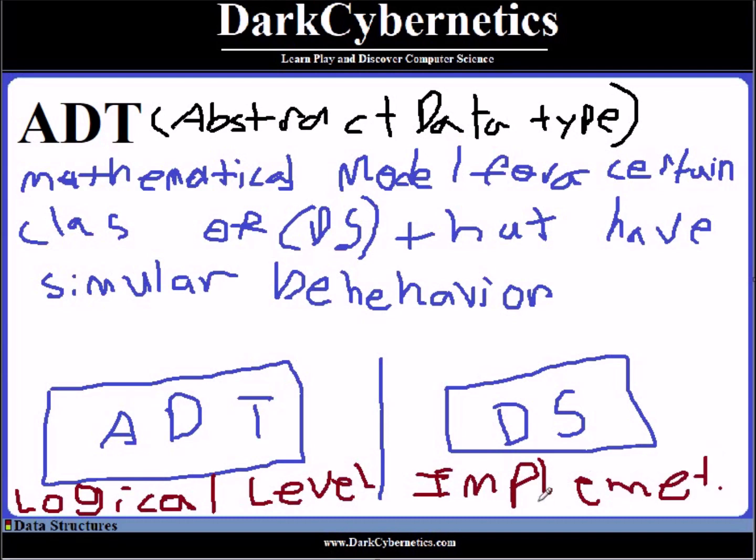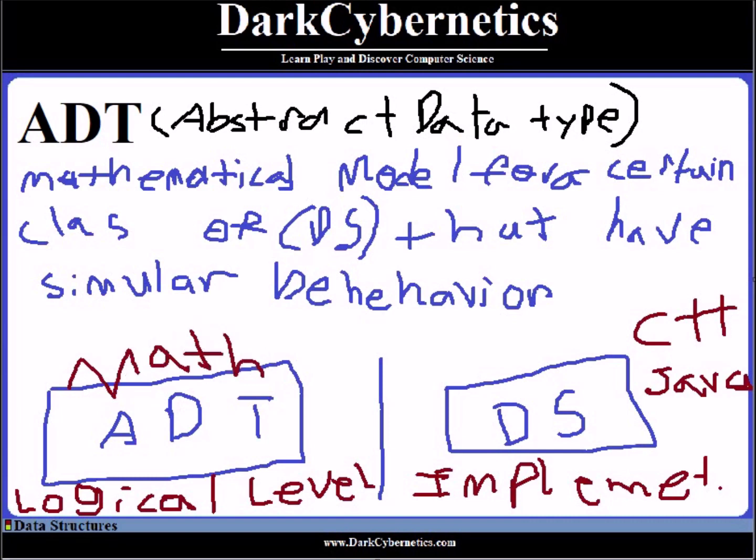It is a class, or we can have a logical array. This is really language dependent, right? So you're supposed to use a language like C++ or Java to represent the implementation of our system where we store it, and we would use math, of course, to execute the abstract data types.